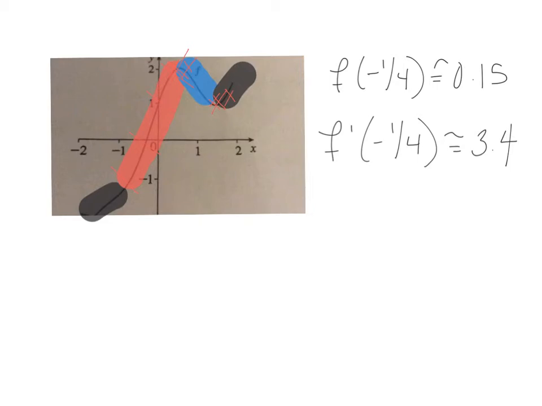So then I must ask you, what is f at negative 0.2? And certainly we have all the information we need to do a linearization at f of negative 0.2. Now the reason I can do this is f of negative 0.2 is really, really close to f of negative 0.25.